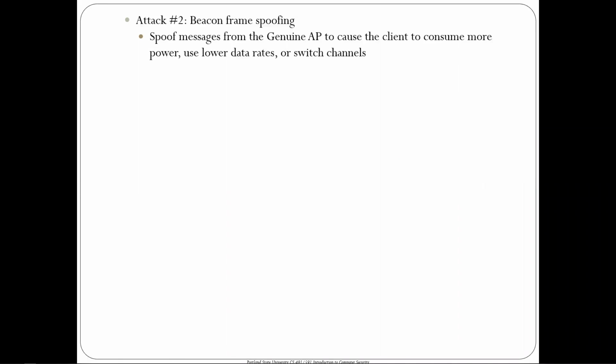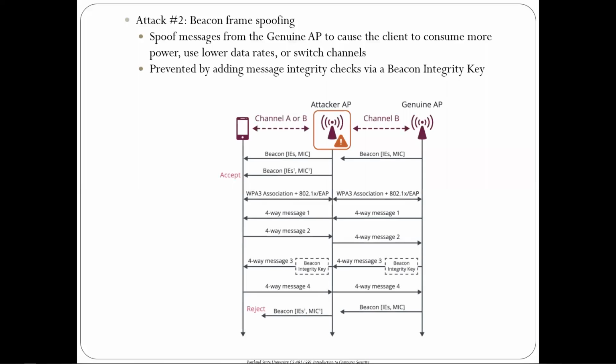And then the same thing with beacon frame spoofing, because there's an information frame that gets sent from the access point to the client. And if you can spoof that, the client can say, oh, the access point told me to back off, when in fact it was someone spoofing the beacon instead. And so they do the exact same thing. They have a beacon integrity key.